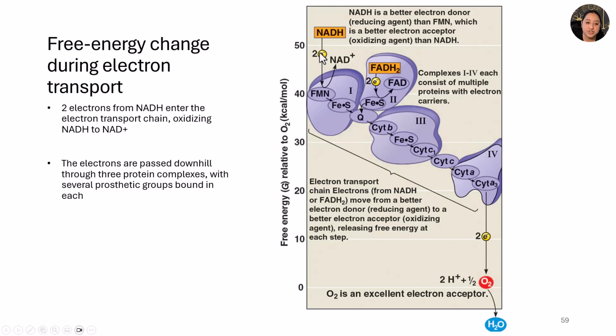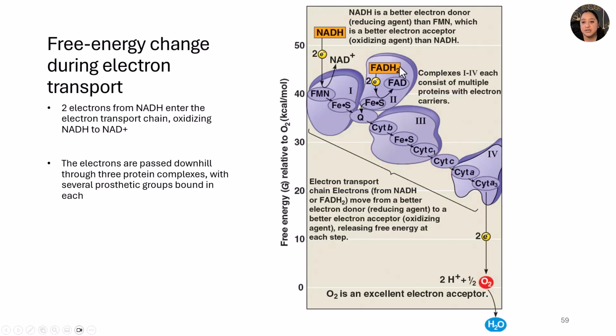So 2 electrons from NADH enter the chain, and then the electrons get transferred downhill through several complexes. So there's complex 1, 2, 3, 4.